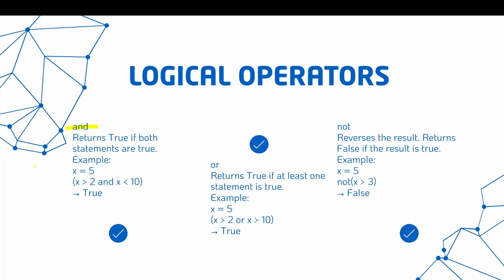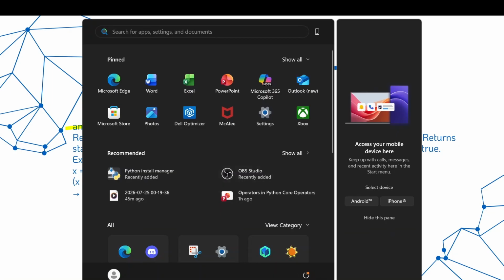If we take statements which are really true, both the statements are true, at that time this AND operator is going to be used, and it is going to give the answer true. Let's take some example to clarify this operator. In just a second, I'm showing you the example.